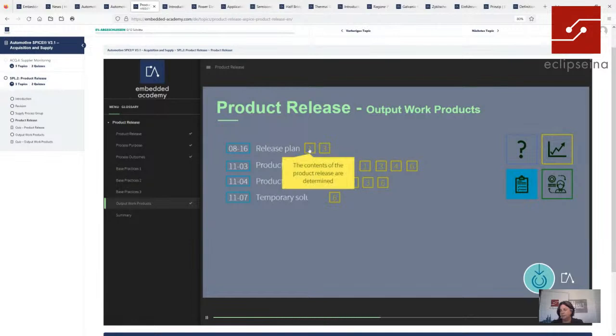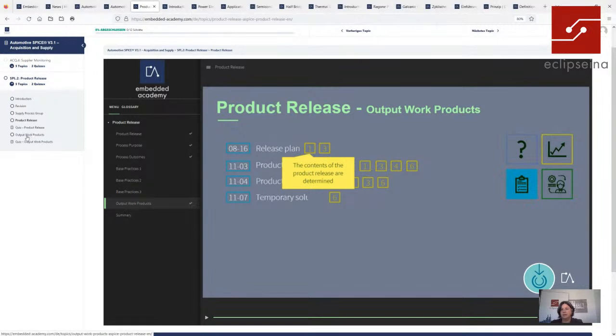And here you can click. The contents of the product release are determined. So here are the process outcomes, like it was indicated there, and you can get a connection between the process outcome and the work product by clicking on this. This connection exists, and now we are in this topic product release, and the output work products are defined or explained in more detail in a different chapter within this part.